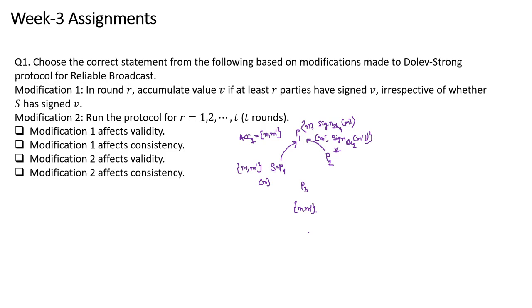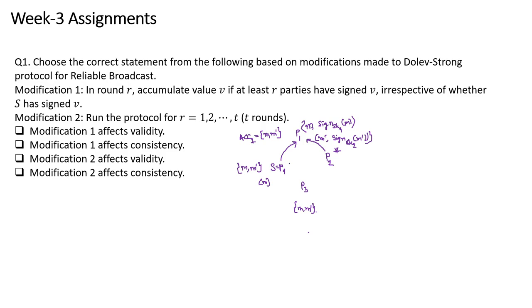However, the expectation was that the output should be M, because our sender was honest and had started with initial input M. So it is expected by the validity property that all the honest parties at the end of the protocol will output the value M only.